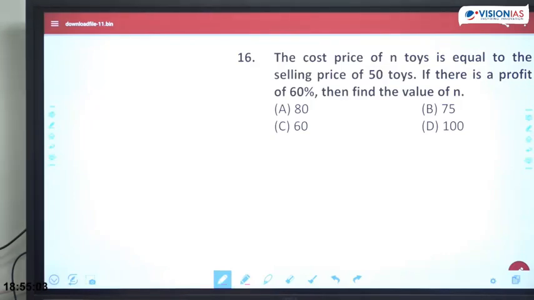If there is a profit of 60%, then find the value of n.